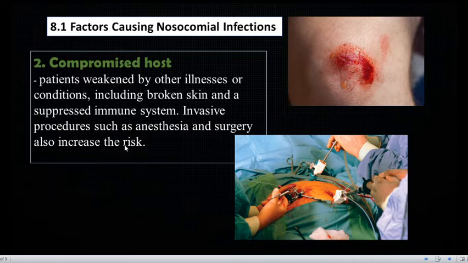Coming from its name, non-invasive, the procedure is not invading the inside of the body.